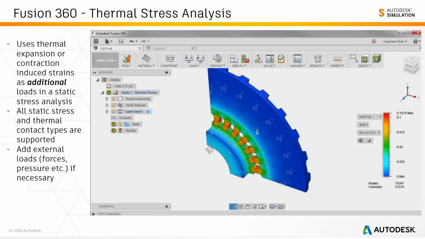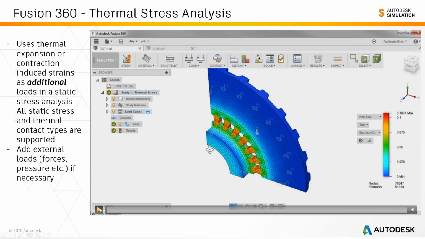So this would take the results from a thermal analysis in terms of strains due to expansion and contraction, and use those as additional loads in a static stress. And we have the ability of assigning all the contacts from the linear static stress material as well as the thermal contacts, and add the additional boundary conditions, loads, pressure forces that we already have in the static stress.